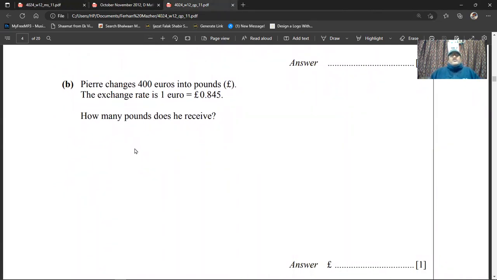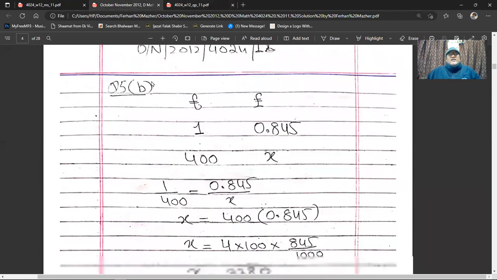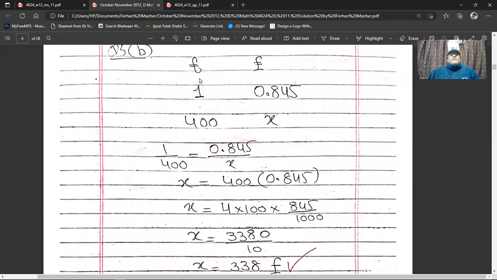He says Perry changes 400 euros into pounds. The exchange rate is 1 euro equals 0.845 pounds. How many pounds does he receive? So we are going to use the method of proportion. 1 euro means 0.845 pounds, so 400 euros means how many pounds?